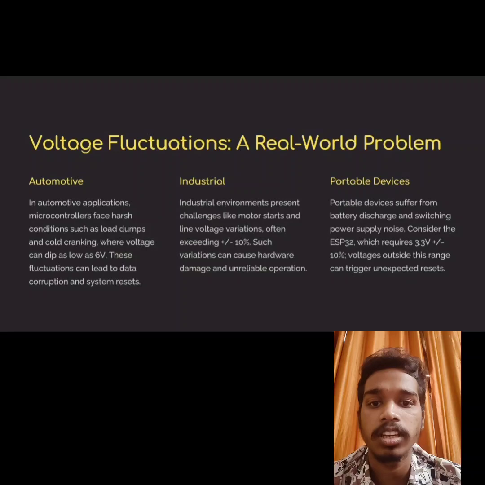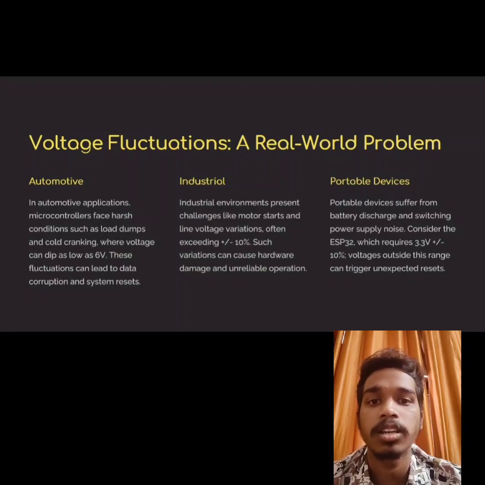This fluctuation can lead to data corruption and system reset. Second is industrial. Industrial environments present challenges like motor starts and line voltage variation, often exceeding plus or minus 10%. Such variation can cause hardware damage and unreliable operation.